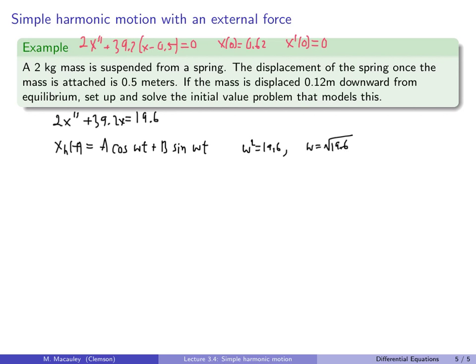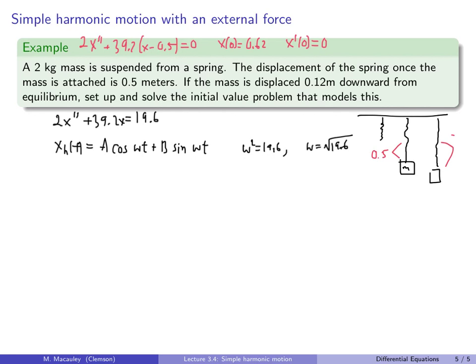Okay, let me actually draw the situation that we have again. So we have a spring that goes down to here. When we put a mass on, it stretches down 0.5 meters, and then initially we pull it down even further.